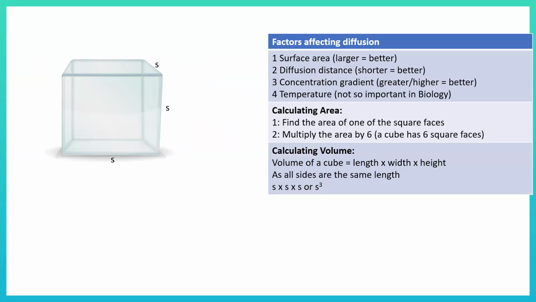So it's not just the area on the outside, it's the depth of the cube too. So if I said find the area of a cube, you would find the area of 1 face and then multiply it by 6. And if I said find the volume, you would multiply the length 3 times.